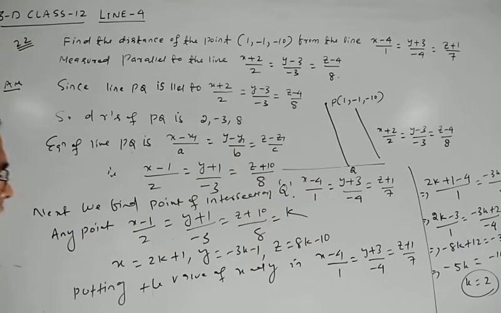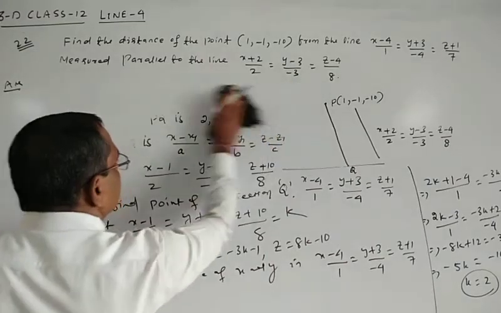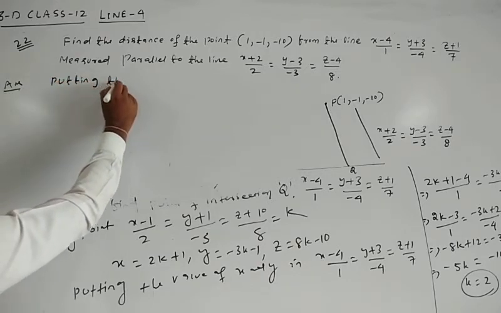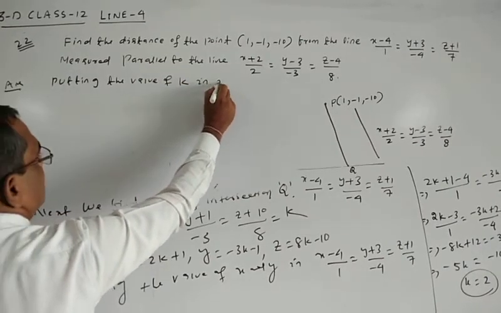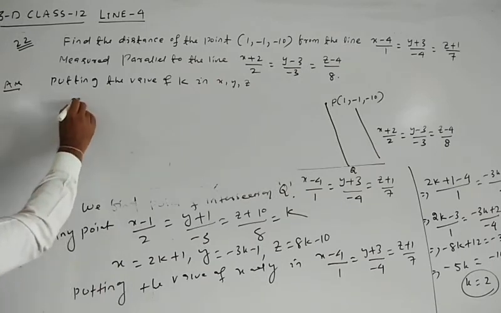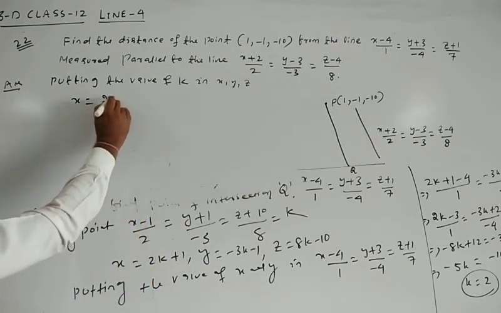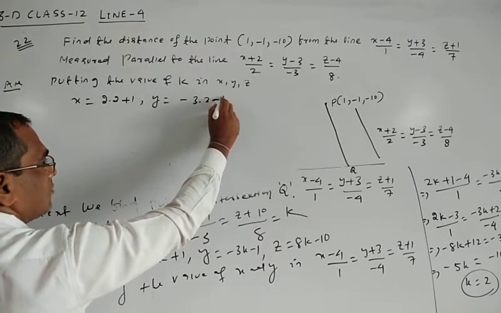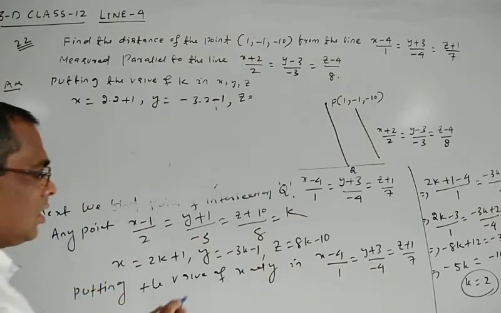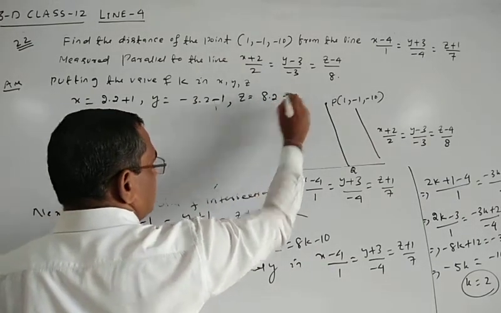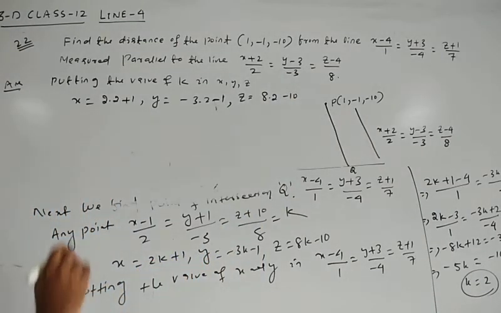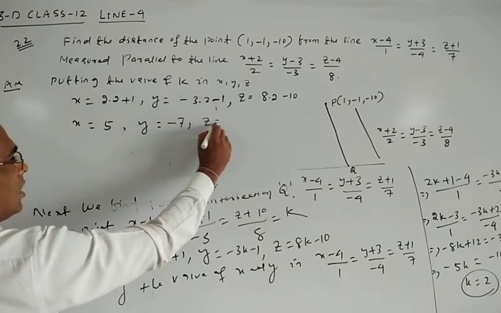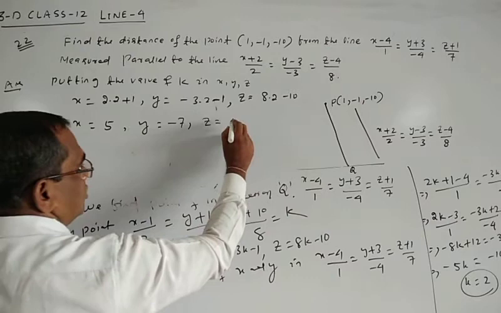So putting the value of k in x, y, z: x is equal to 2 into 2 plus 1, which is 5, y is equal to minus 3 into 2 minus 1, which is minus 7, and z is equal to 8 into 2 minus 10, which is 16 minus 10, that is 6.